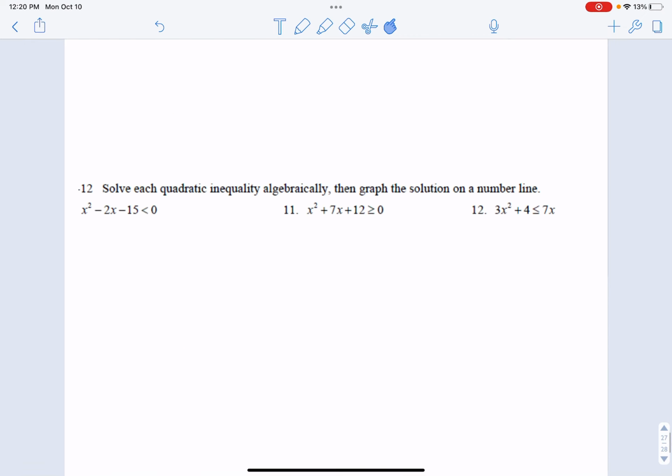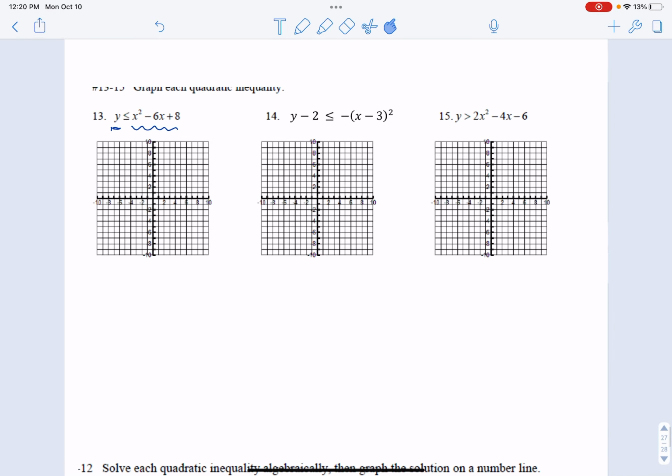Or instead of y, they place a 0, so they're comparing a quadratic function with a 0, which part is greater and which part is less than 0. Those are two different questions you can do for quadratic.